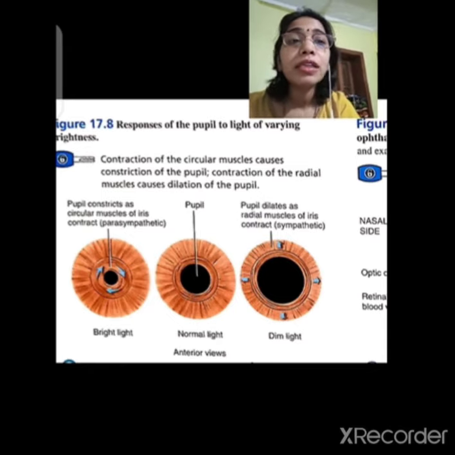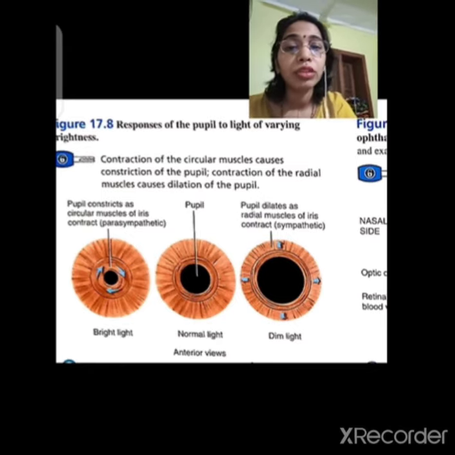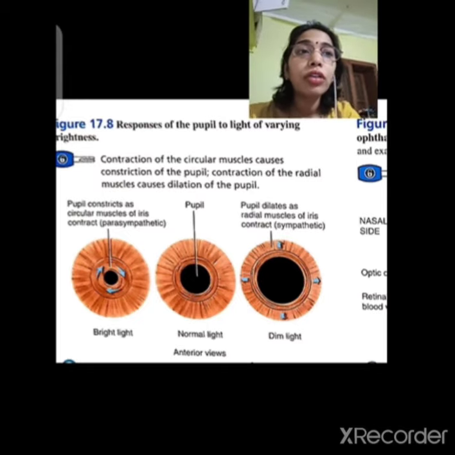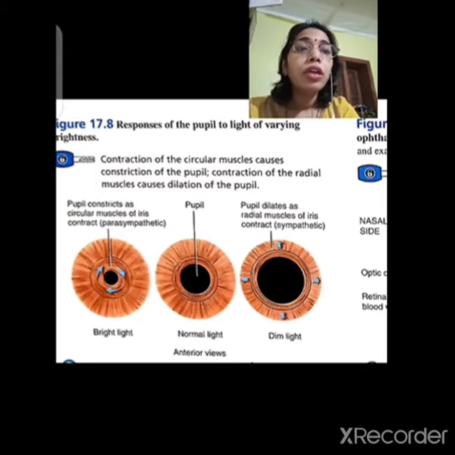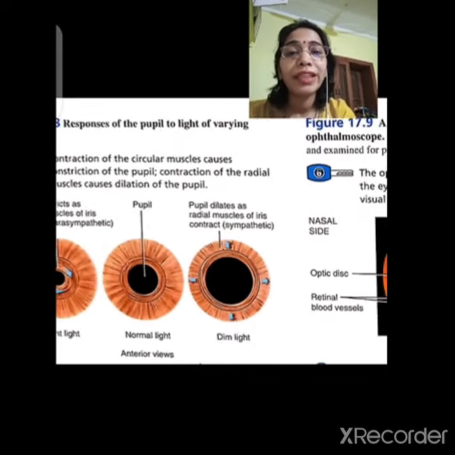When there is sympathetic activation, your pupils dilate and you will be able to see things properly in dark light. This is about the response of the pupil to the brightness of light.